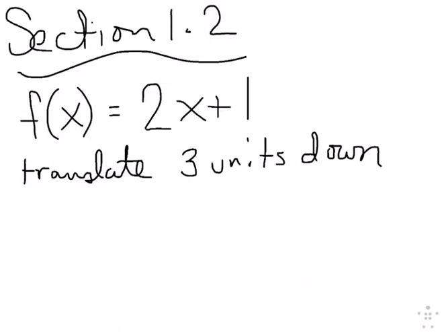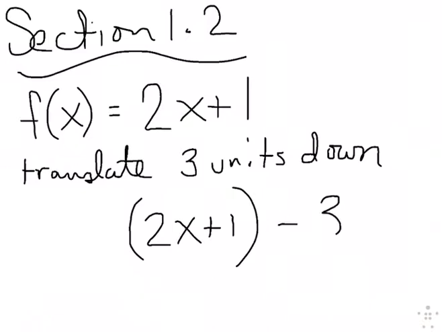So anytime you are doing a reflection over the x, anytime you're doing vertical, stretch, or shrink, or anytime you're moving it up or down, the rule is put the entire thing in parentheses, so 2x plus 1, that entire thing, and then put the minus 3 on the outside. Because that's where down 3 was, on the outside.